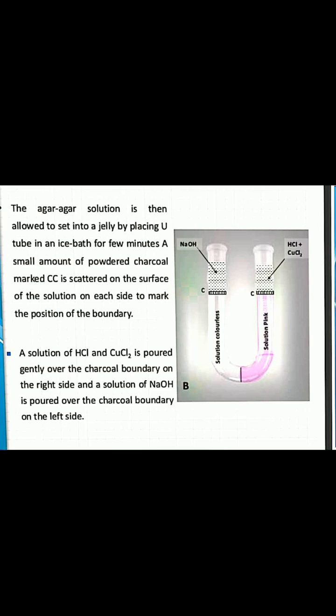Once the charcoal boundary is set, on the right side we pour the solution of HCl and cupric chloride, and on the left side we pour a solution of NaOH like this. See in the figure.